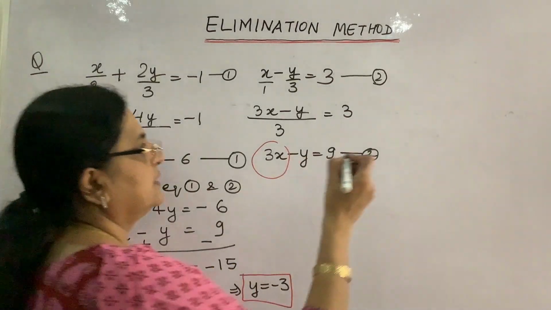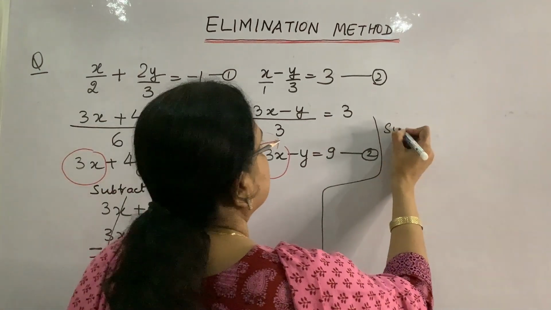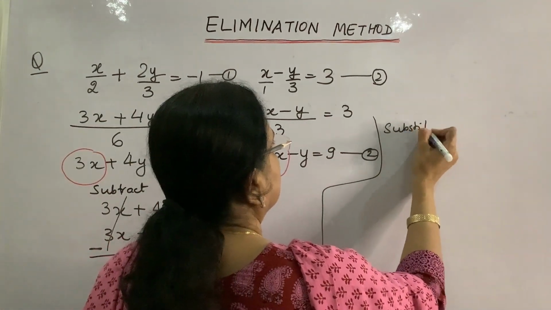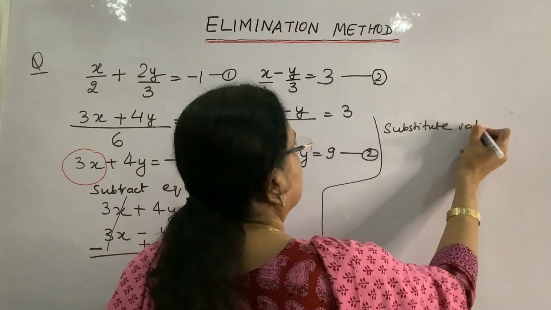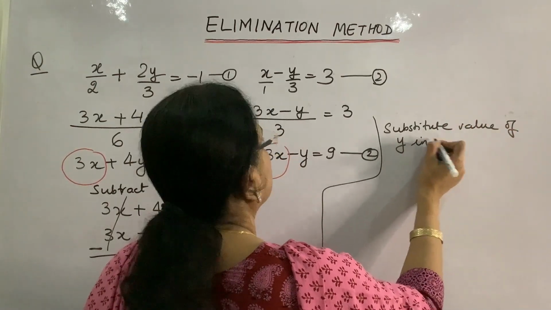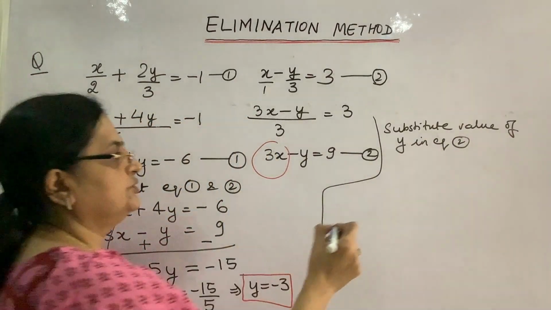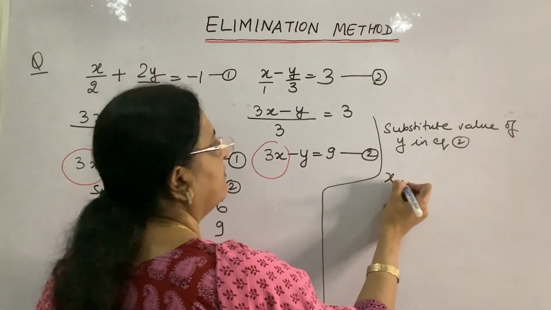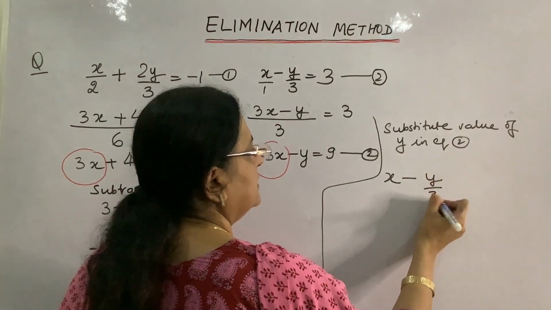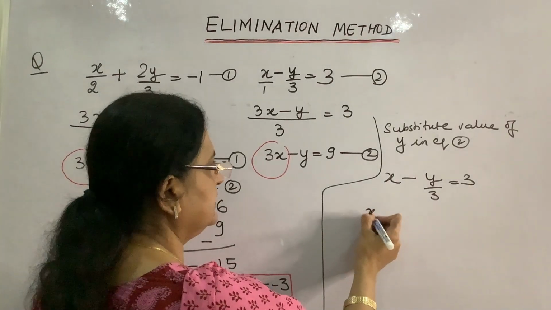Now for the second equation, substitute the value of y in equation 2. So you get x minus y upon 3 is equal to 3. And what value of y do you put here?